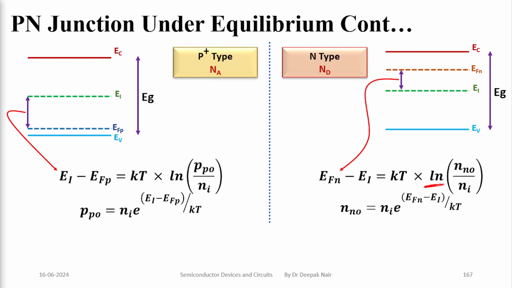Again, to remove the natural log, we can take the exponential function, and Nn naught is given by Ni multiplied by e to the power EFN minus EI divided by KT.